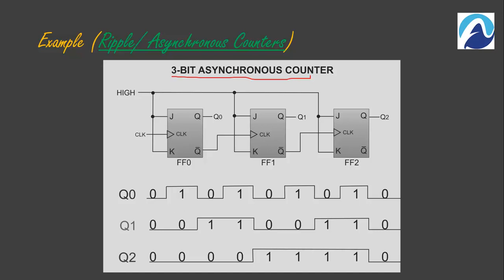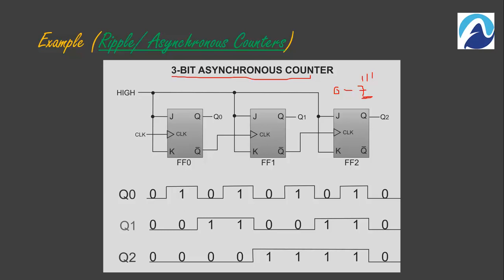It can count from 0 to 7, because 0 can be represented as 0 0 0 and 7 can be represented as 1 1 1 in binary. So this is the maximum number which we can represent with a 3-bit binary.